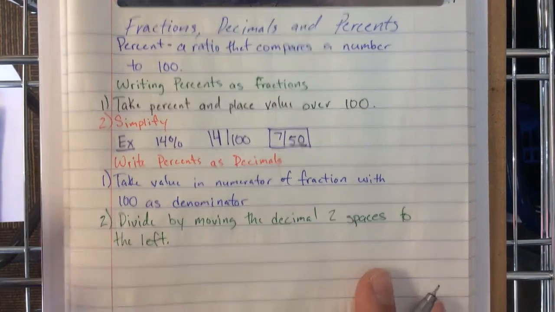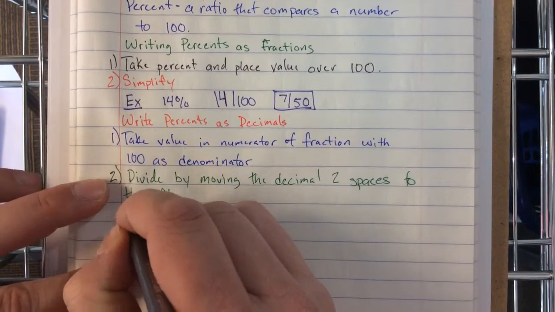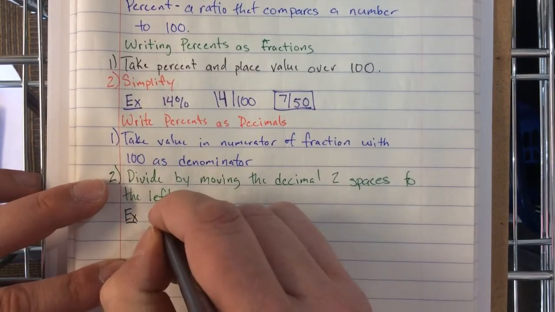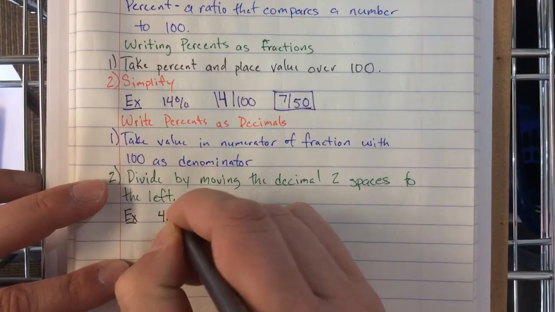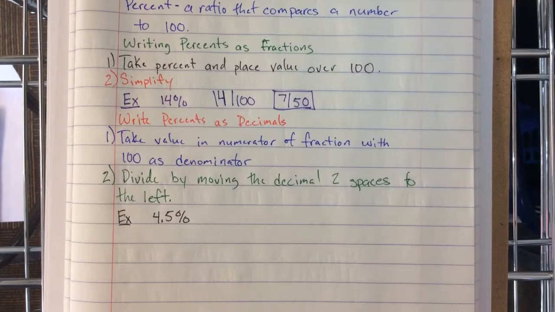So let's take a look at an example here. We have 4.5%. So what are we going to do with this 4.5%?